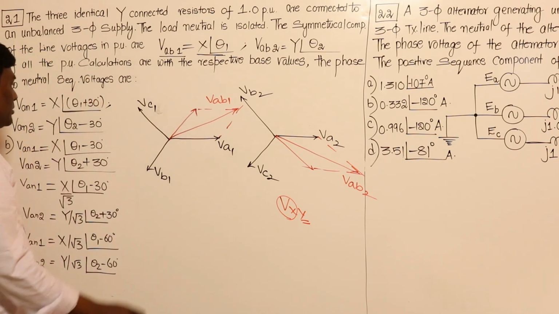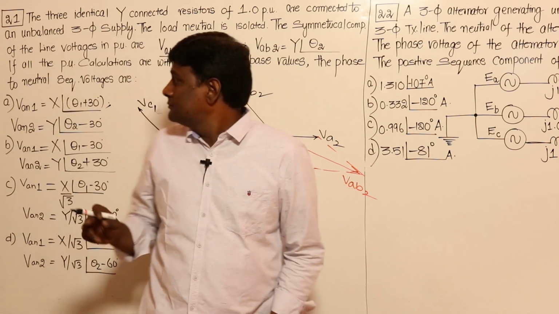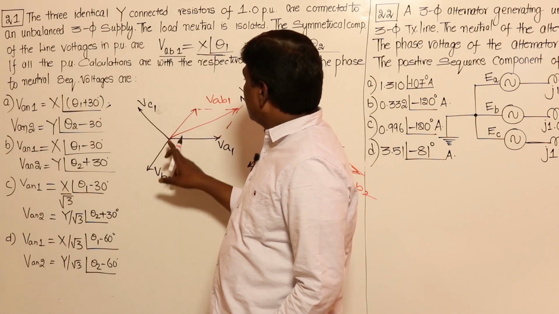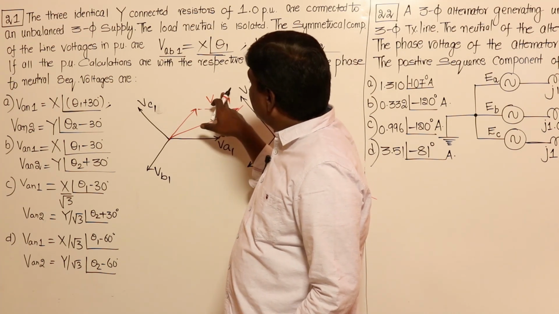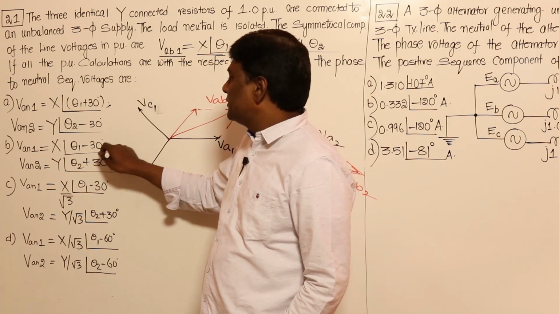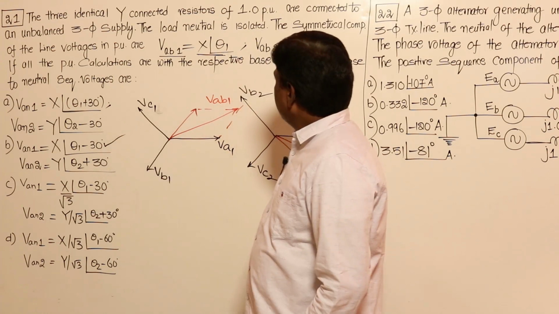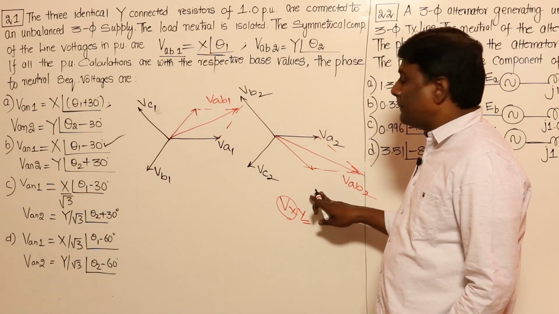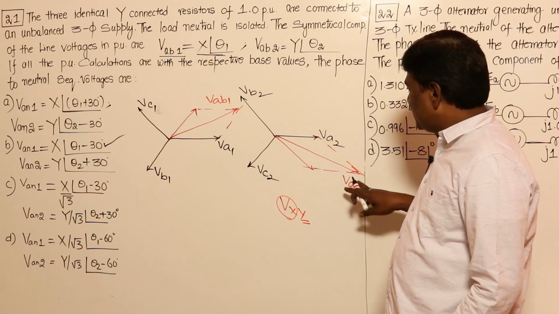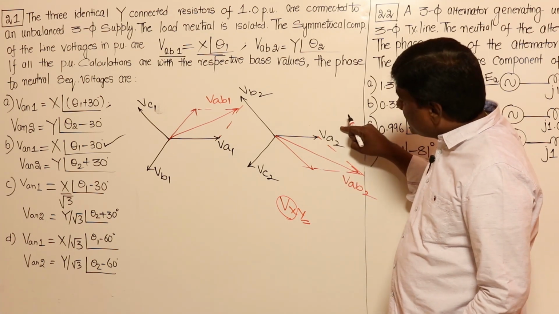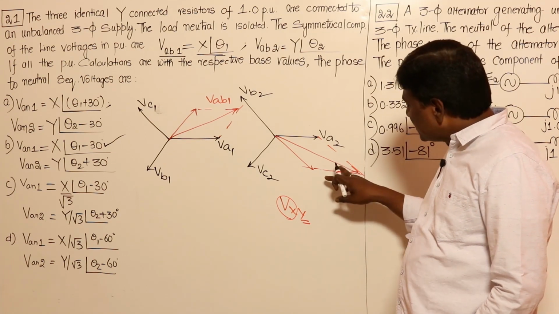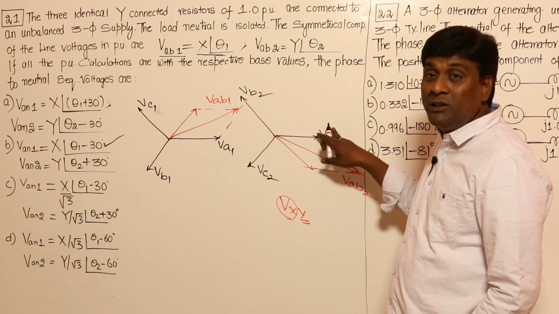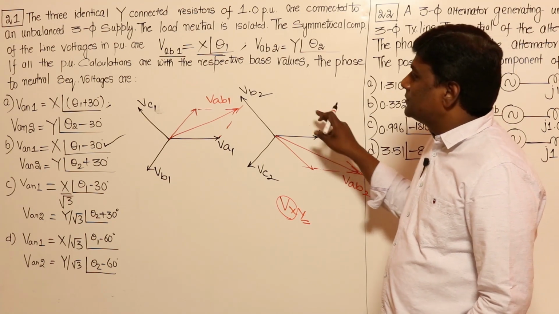So if VAB1 is x∠θ1, the phase voltage will be x∠(θ1 minus 30), so it's going to be this. And VAB2: with respect to phase voltage, line voltage will lag behind, or with respect to line voltage, my phase voltage will be leading by 30 degrees.